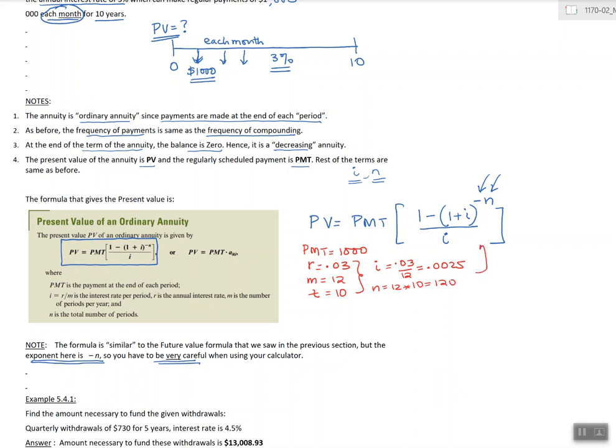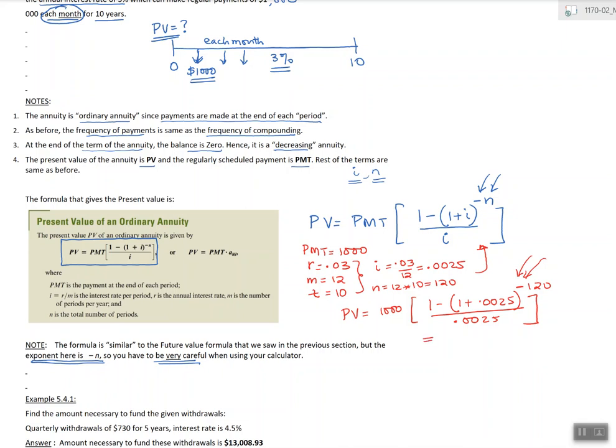We now substitute these numbers in this formula, and we get PV equals 1000 times 1 minus 1 plus 0.0025 raised to the power negative 120, the whole thing divided by 0.0025. Again, you have to know exactly how to enter a negative exponent in your calculator, and you should practice this quite a bit.